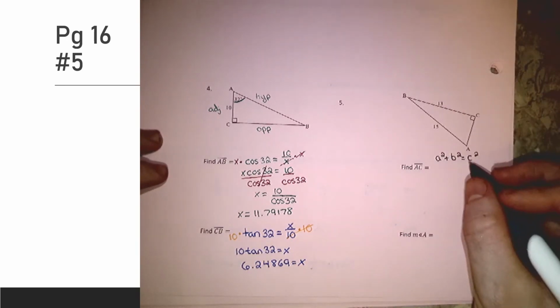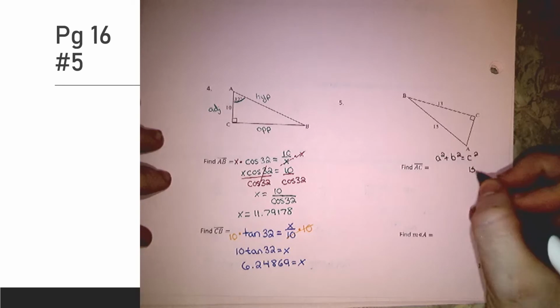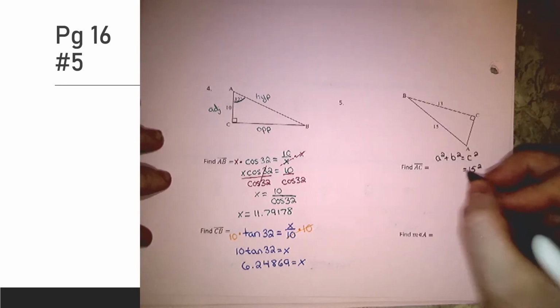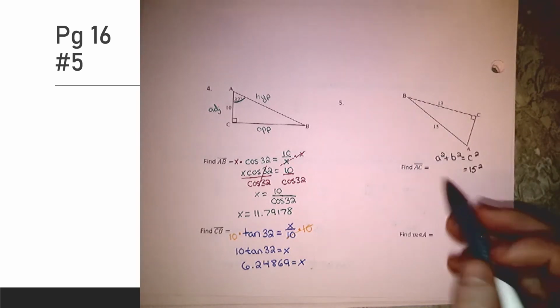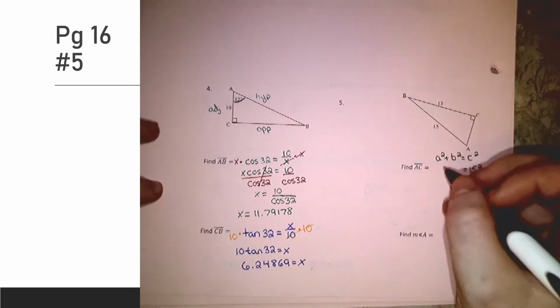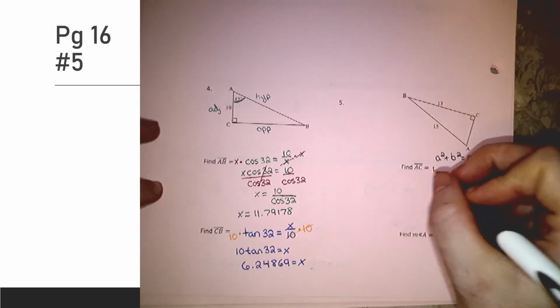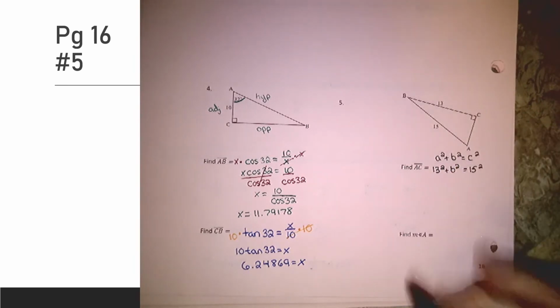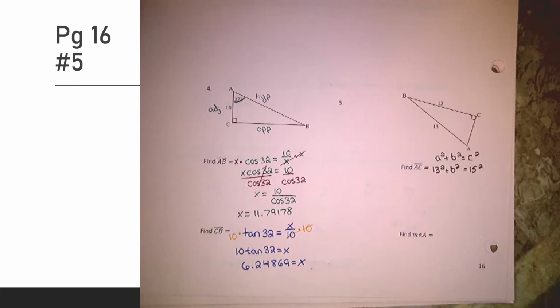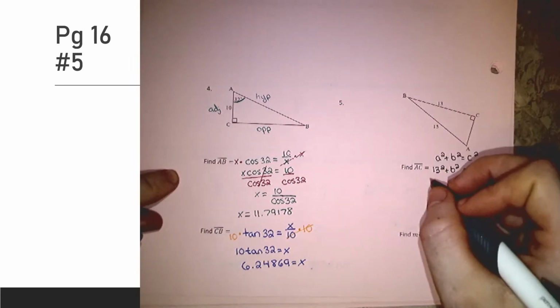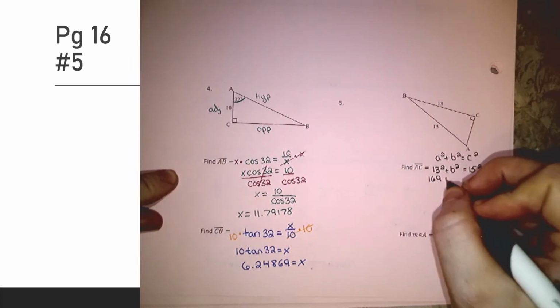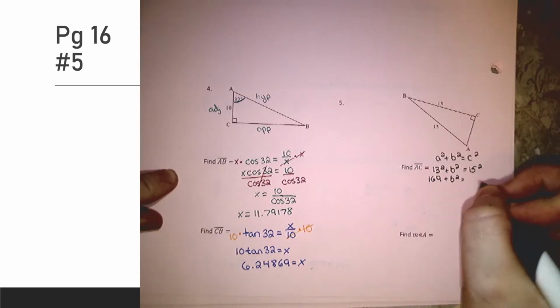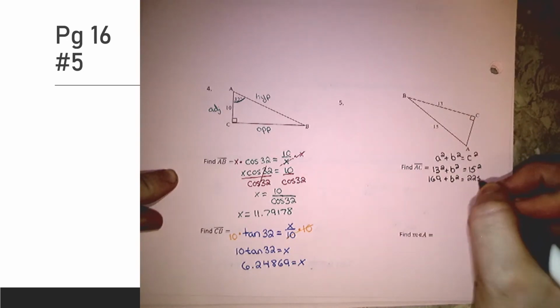So I know C is going to end up being the 15 squared. And then, like I said, A or B can be interchangeable. So instead of A, I'm going to do 13 squared. So I'm going to be trying to solve for B in the way that I set it up. So now I want to actually square them. 13 squared is 169 plus b squared equals 225.